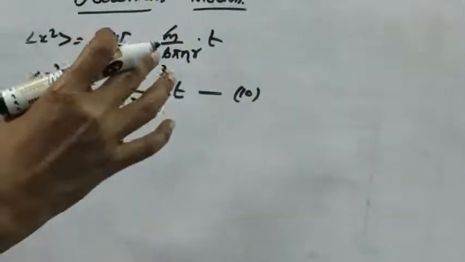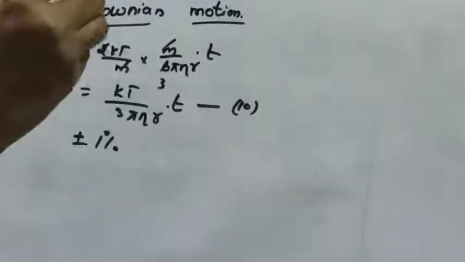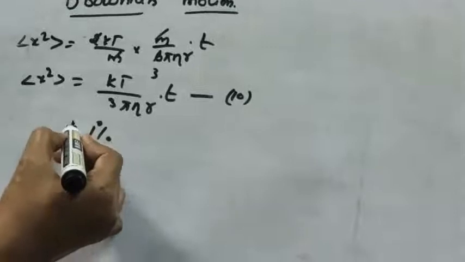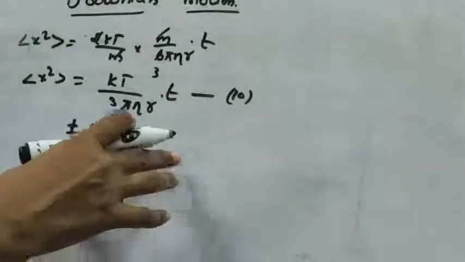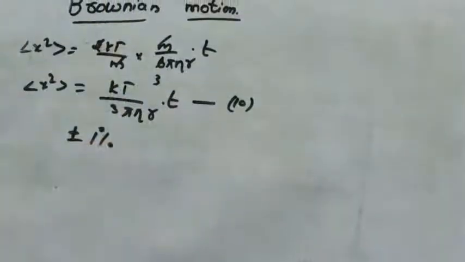Due to that, even though the particle is small, it experiences some pressure. That means due to thermal fluctuation, less than plus or minus 1% of pressure definitely acts on the particle even if it is small. So this is about the Brownian motion.